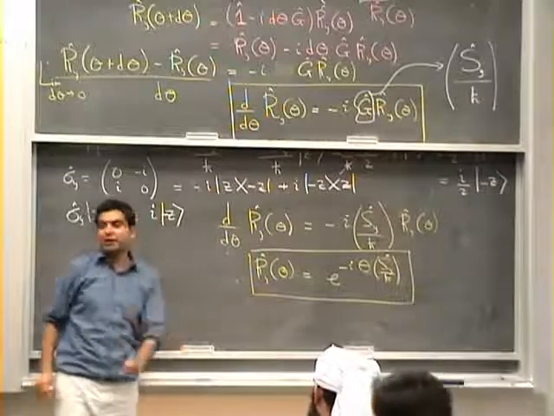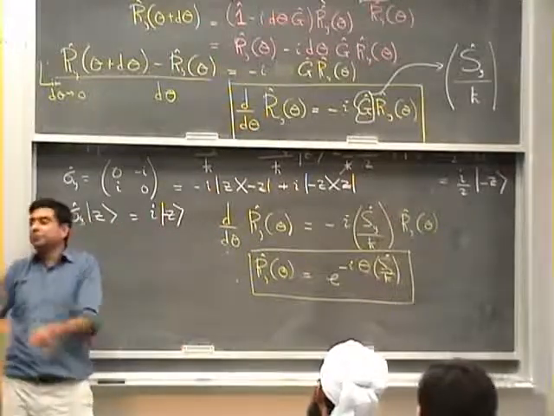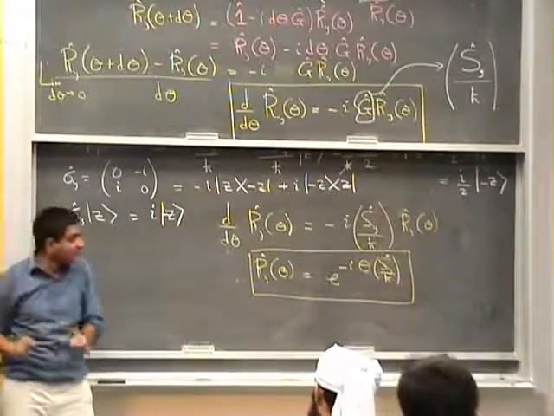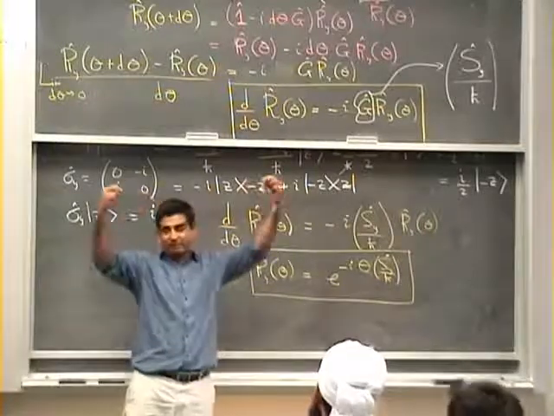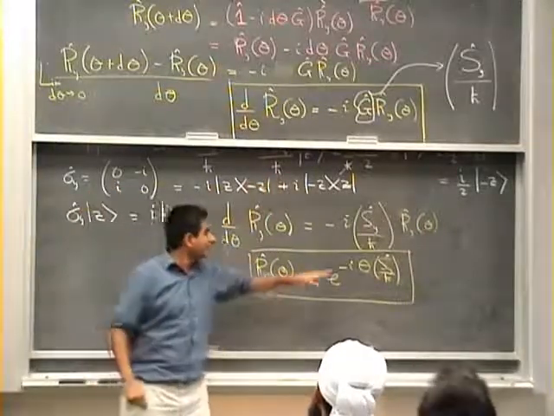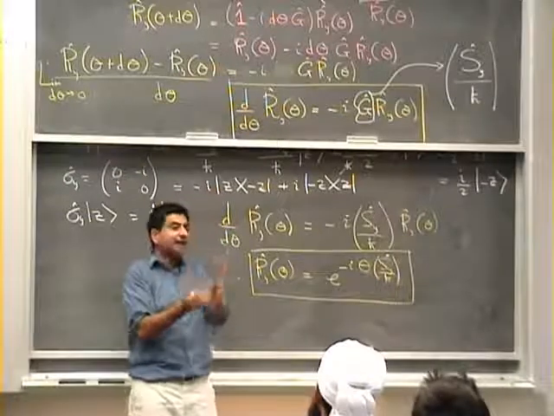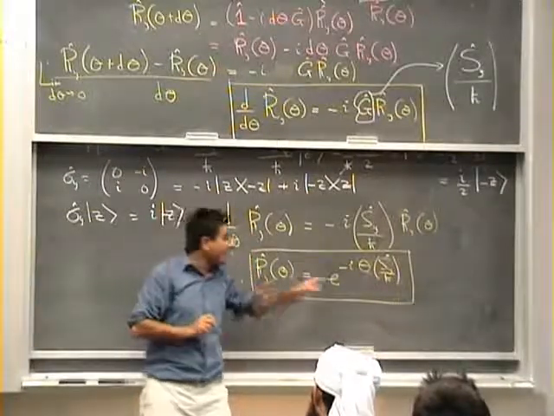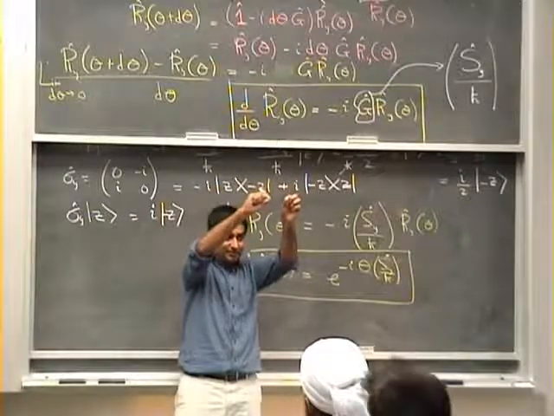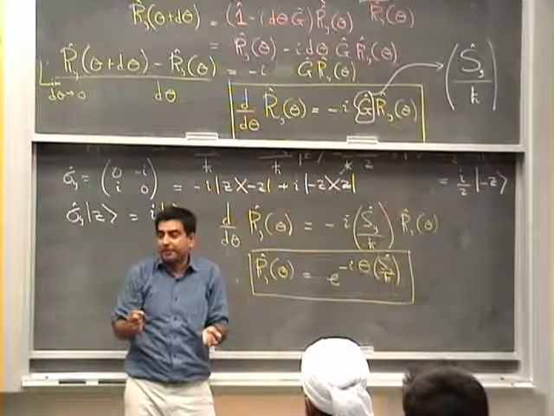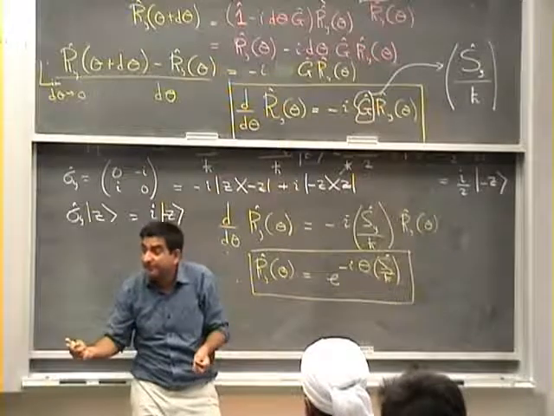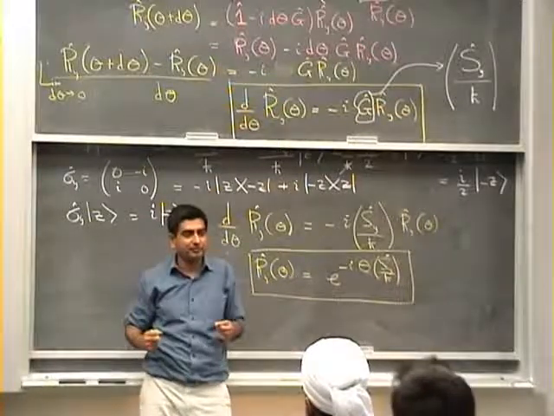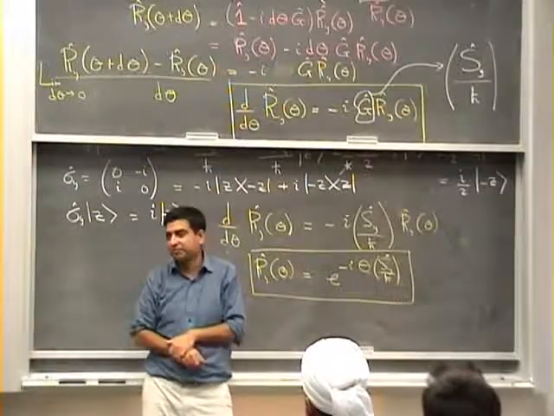अब देखो, rotation about the y-axis through an angle theta is given by the exponent of minus iota times the angle through which the rotation is taking place and the operator. Which operator? If you're doing a rotation about the y-axis, choose the sy operator and divide it by h bar.